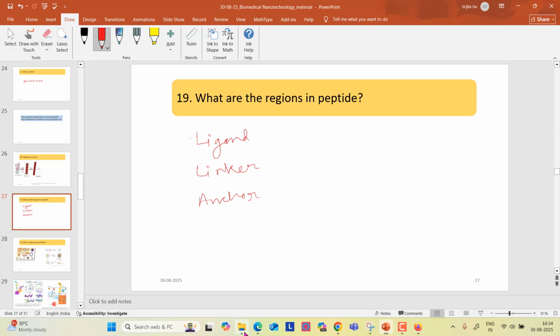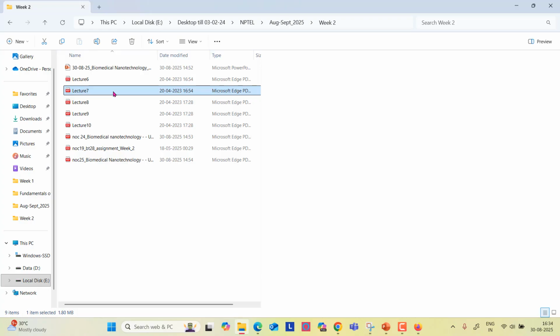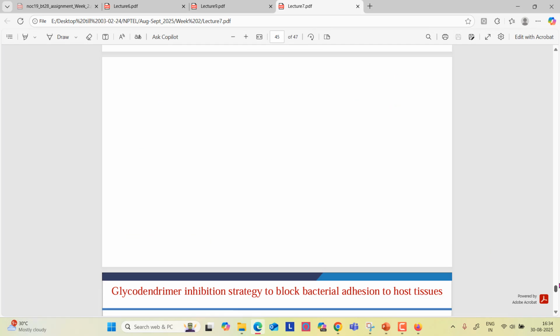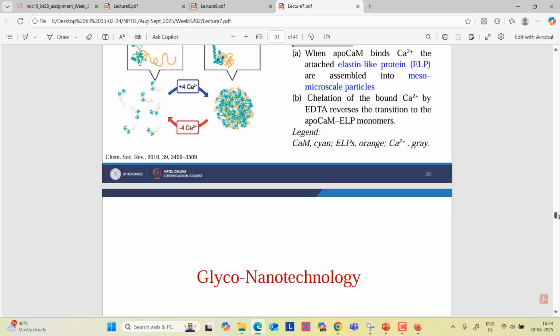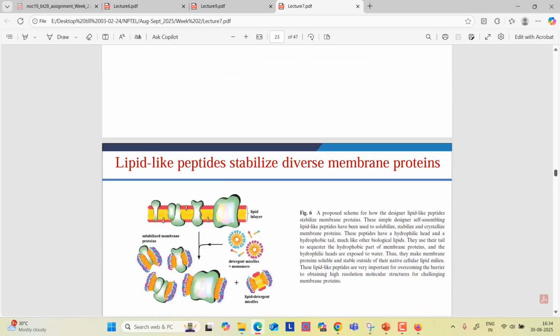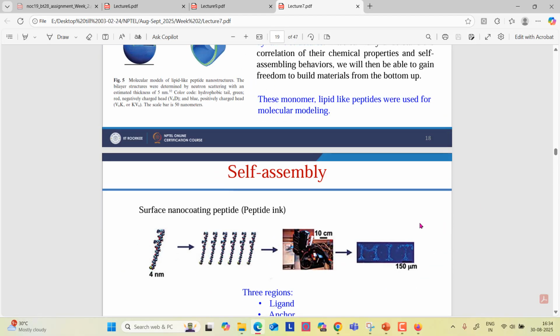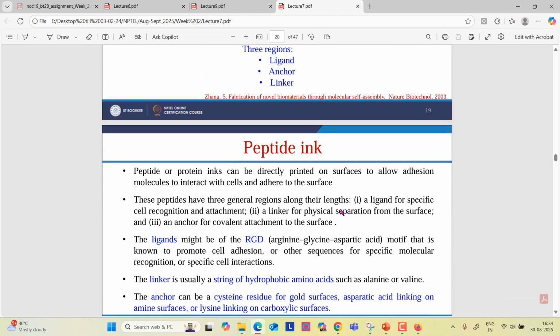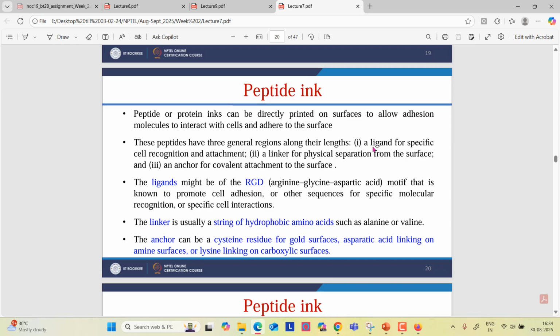So as it is written here, the important parts are ligand, anchor, and linker. So what do they do? Ligand is for specific cell recognition and attachment.